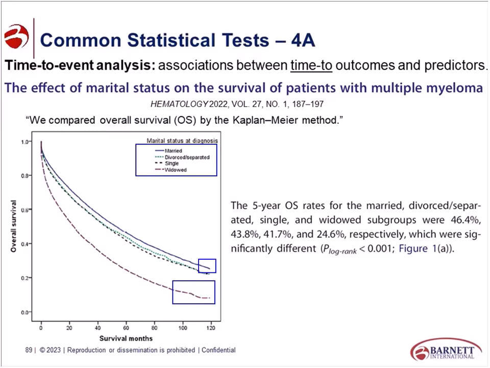We can look at the 5-year overall survival rates: if you are married, you have a 46% chance of survival. If you are widowed, you only have a 24% chance of survival. So we can use survival analysis to look at survival times over time.